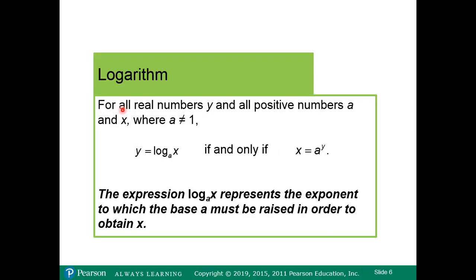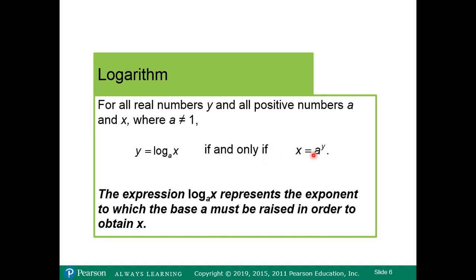Okay, so for all real numbers y and all positive numbers a and x, and again, we don't want a to be equal to 1, then y equals log base a of x if and only if x is equal to a to the y. Okay, so this goes both ways.